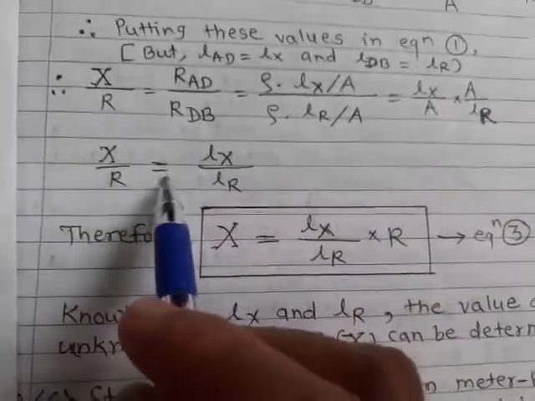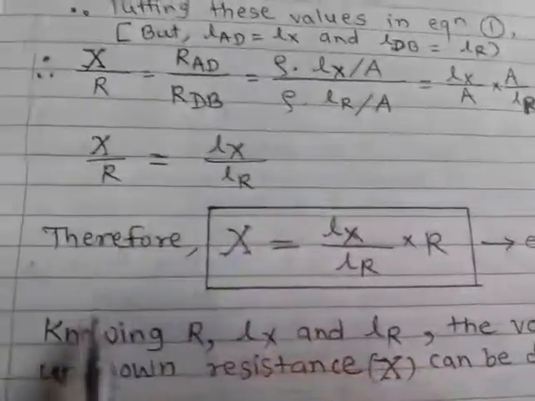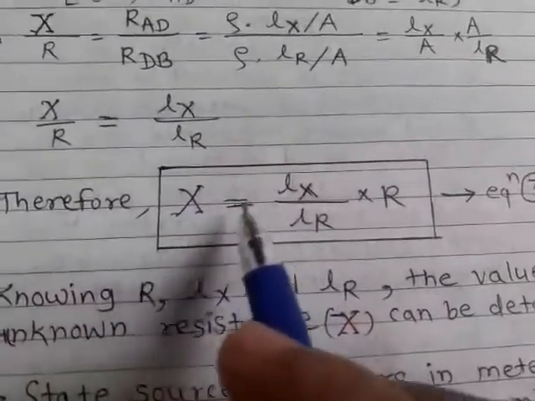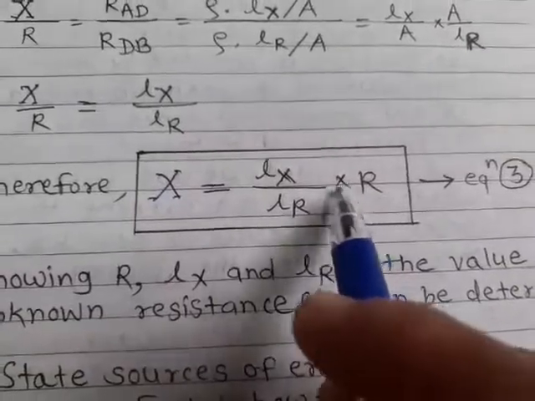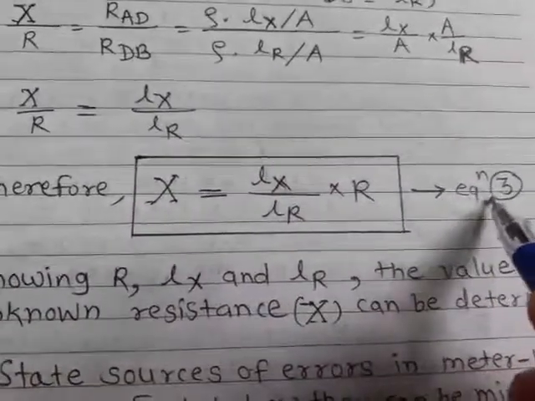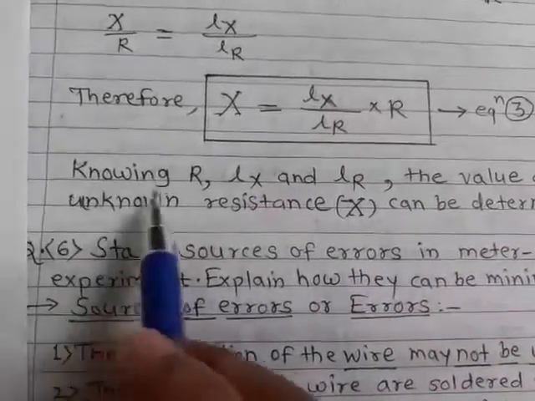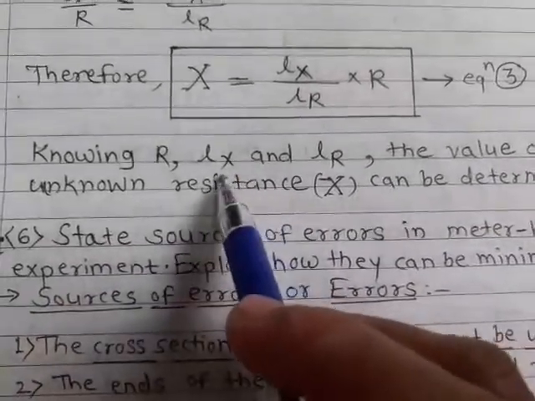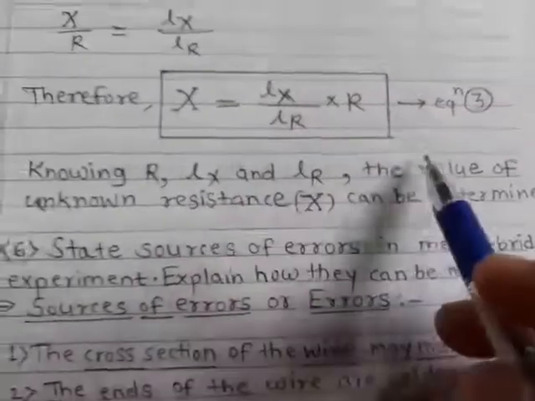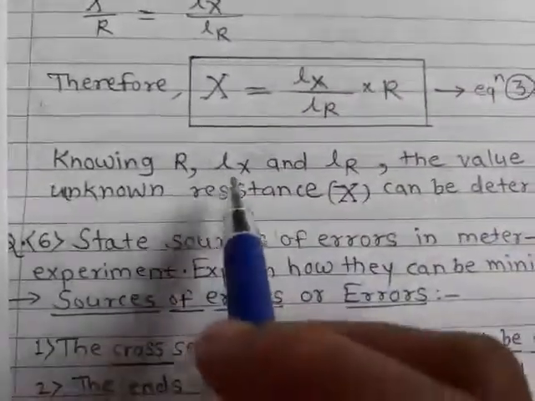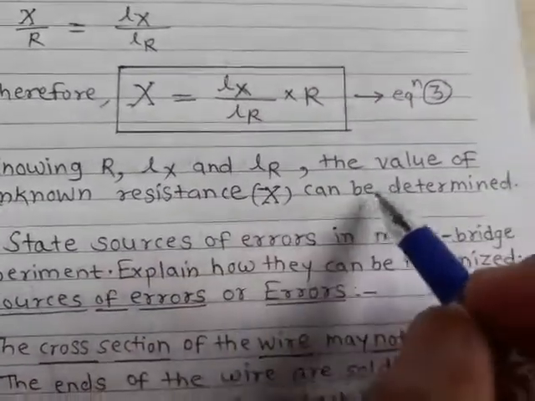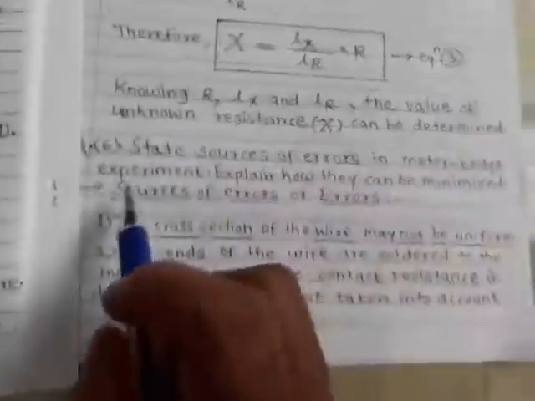Therefore X upon R is equal to Lx upon Lr. Therefore X is equal to Lx upon Lr into capital R, equation number 3. Knowing capital R and Lx and Lr, the value of unknown resistance capital X can be determined.